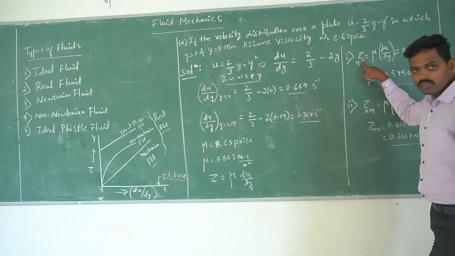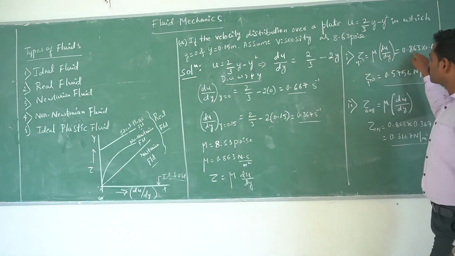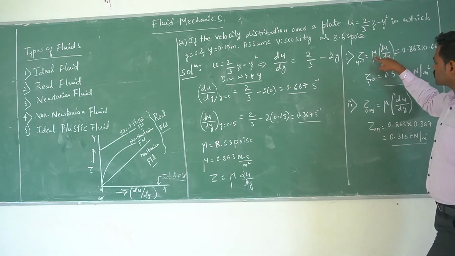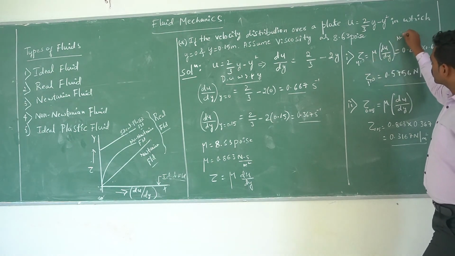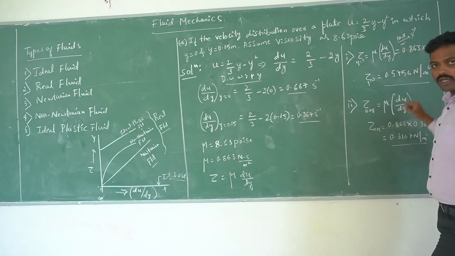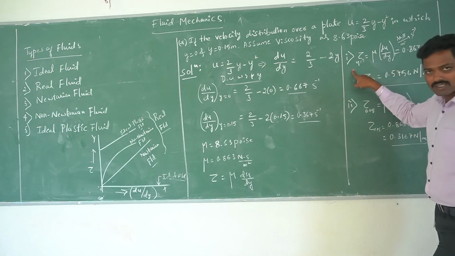We have to remember stress is force by area, so the unit should be Newton per meter square. Again here also we will get the same Newton per meter square, because here it is Newton second per meter square into per second, then the second gets cancelled, and you get only Newton per meter square. Then shear stress is 0.5756 Newton per meter square when y is at 0 meter.